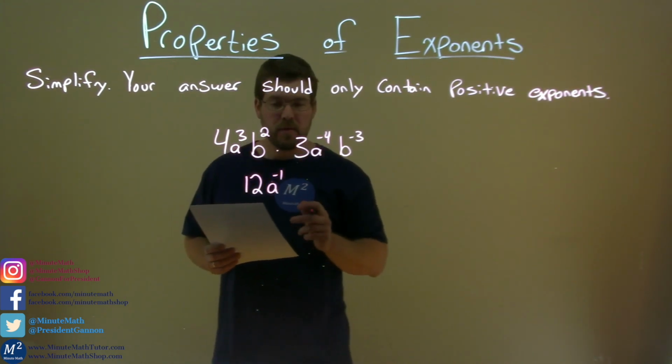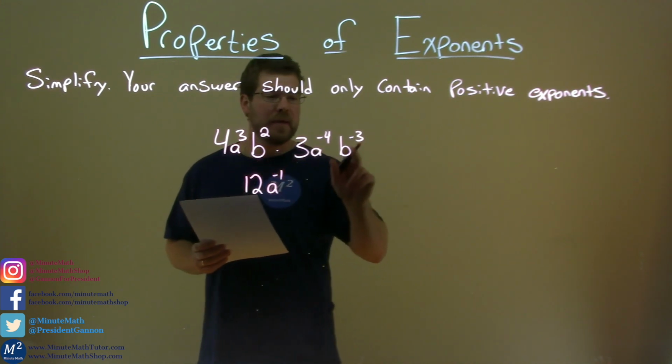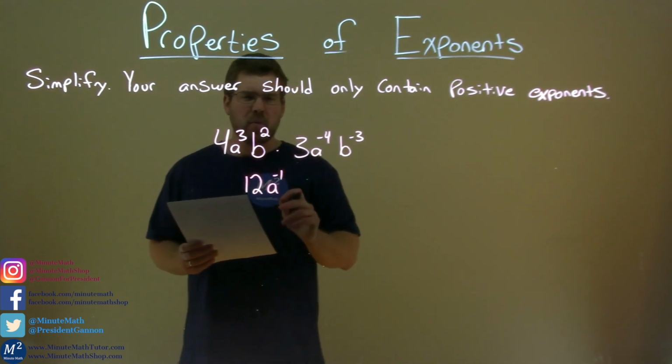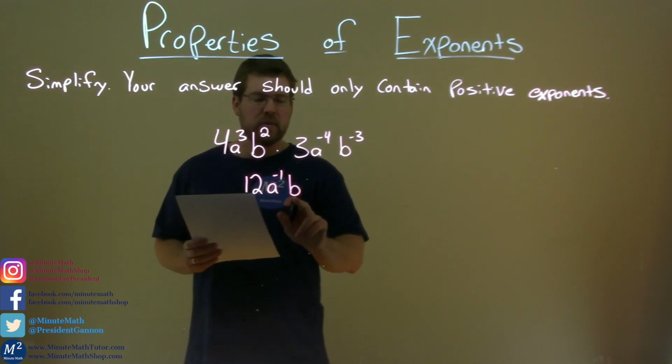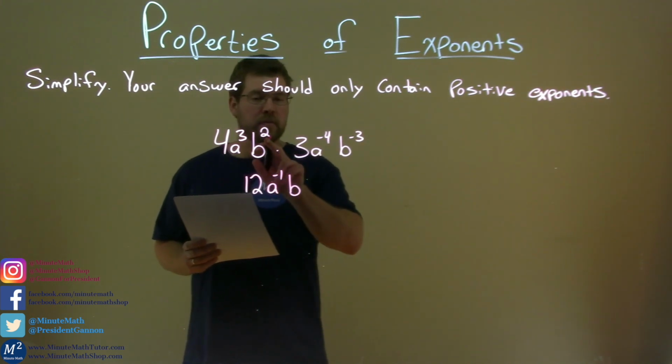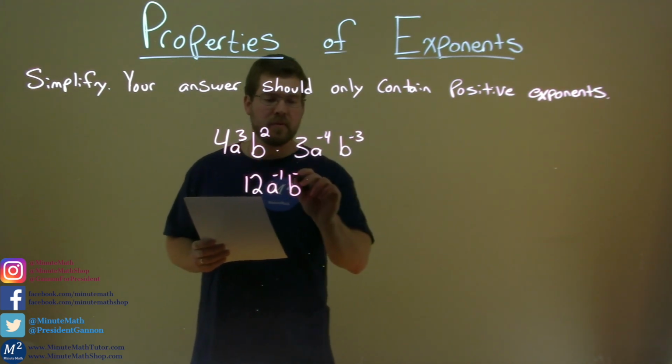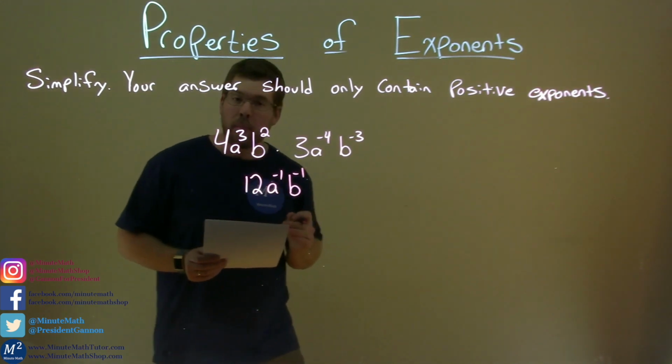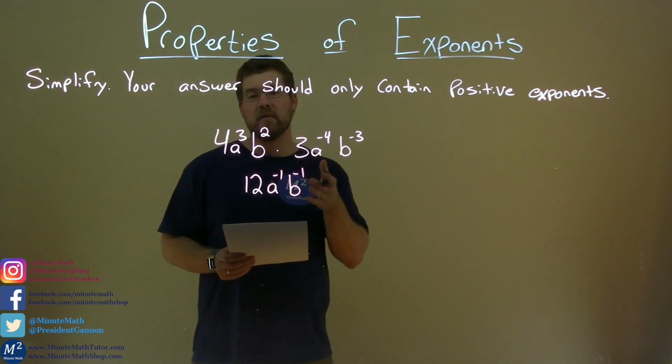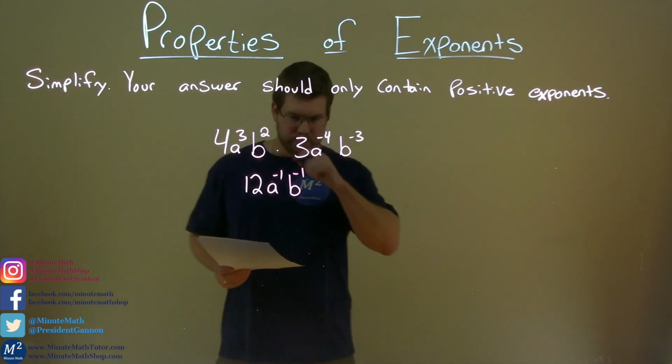Now let's deal with the b's. B squared times b to the negative third power. Well, again, same rule applies. Their base is b, we add the exponents. 2 plus a negative 3 is a negative 1. If you remember from before, we cannot have a negative exponent, so we have to rewrite this.